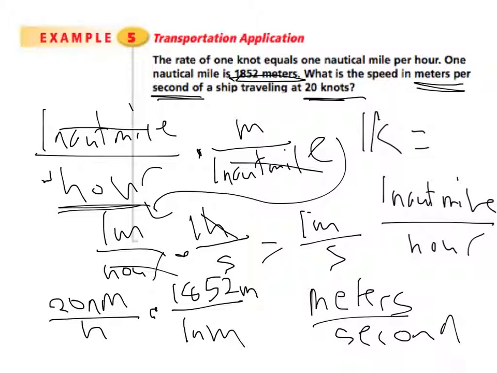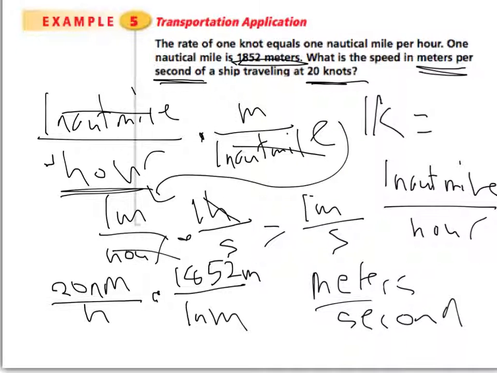We're going to run out of space here. And I can't erase. So 20 nautical miles per hour times 1852 meters for 1 nautical mile times, we're going to get rid of the hours by doing 1 hour divided by 3,600 seconds, because 1 hour is 3,600 seconds.